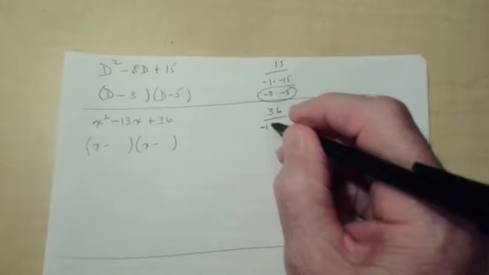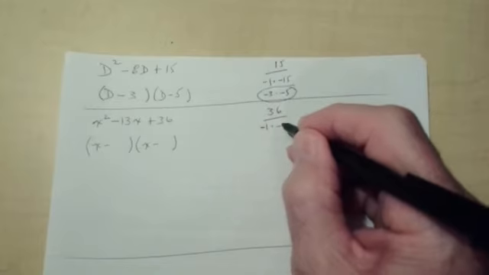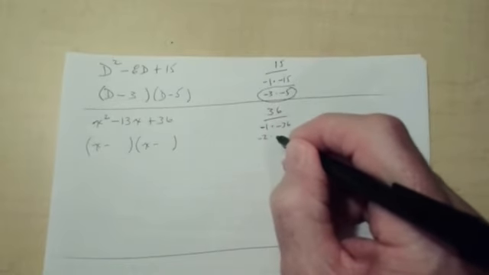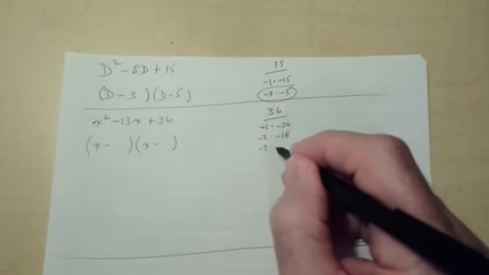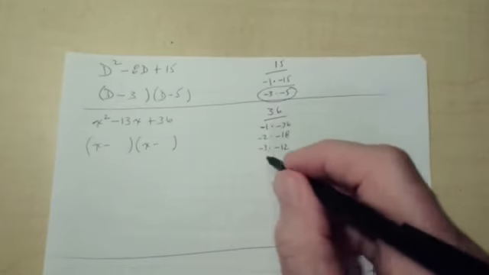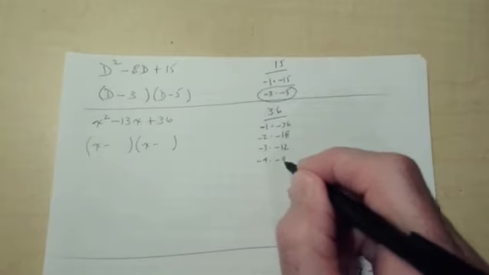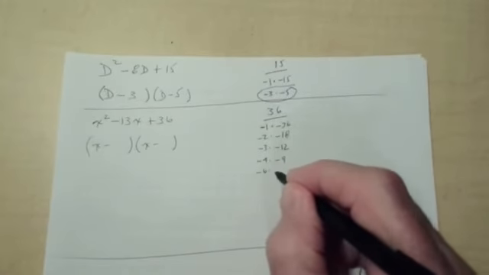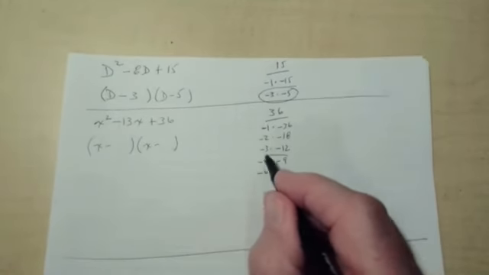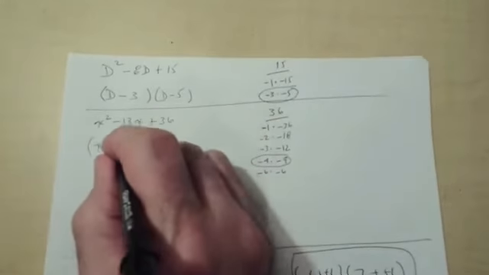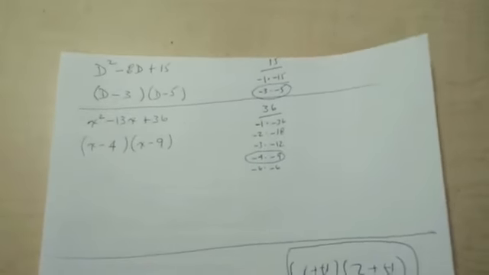We know that the two factors are going to be negative, so we do negative 1 times negative 36, negative 2 times negative 18, negative 3 times negative 12, negative 4 times negative 9, negative 6 times negative 6. Now negative 4 and negative 9 give us negative 13. So our two factors are going to be 4 and 9. Okay?